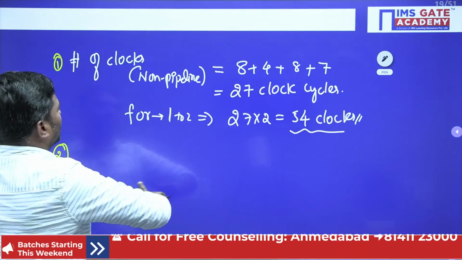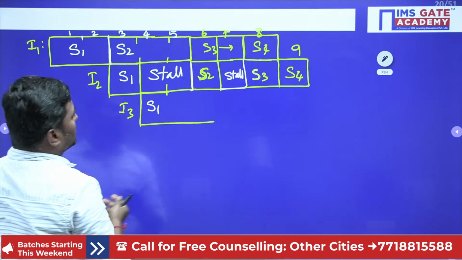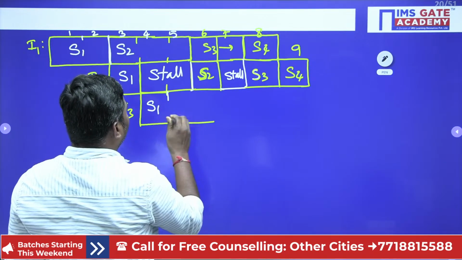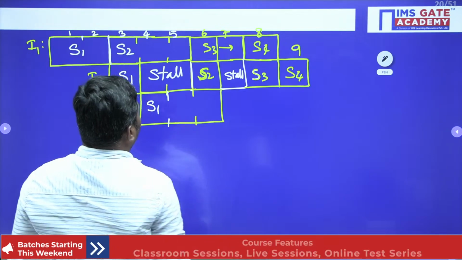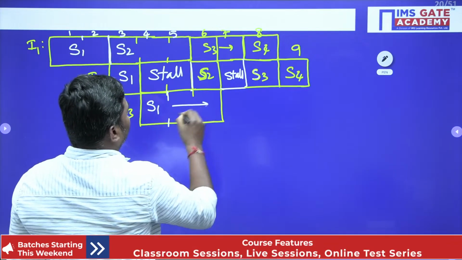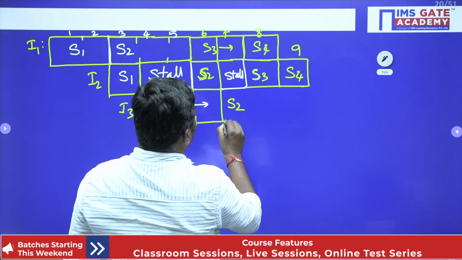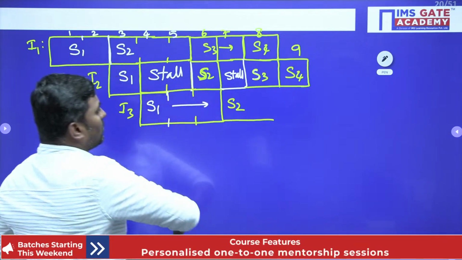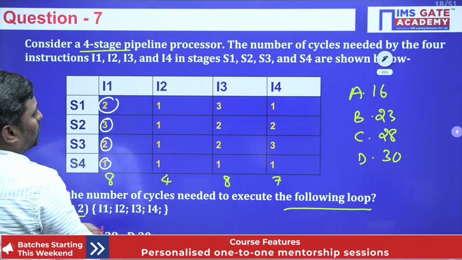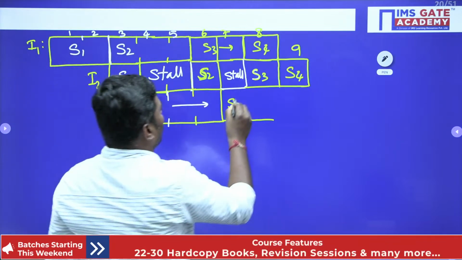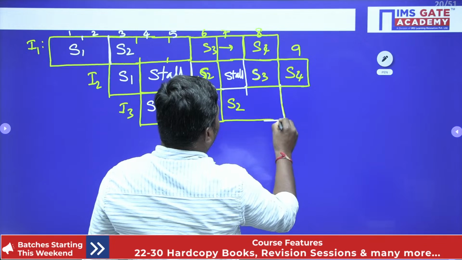For instruction 3, S1 requires 3 clock cycles: this is 1, 2, 3. By then S2 is also free, so I can give S2 to instruction 3. I3's S2 requires 2 clock cycles.